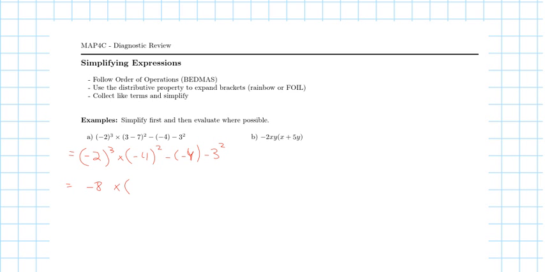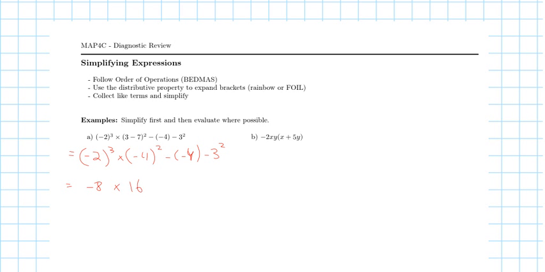I don't need that bracket anymore because it's a positive 16. Now you see a negative followed by another negative. I can simplify that: two negatives after each other can be changed to an addition, so that's going to be plus.